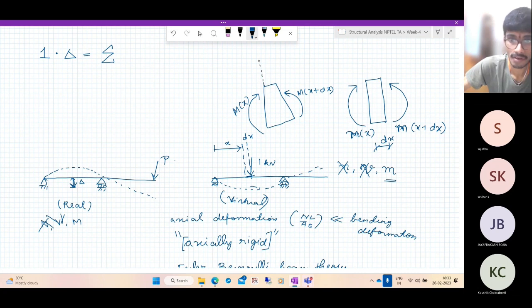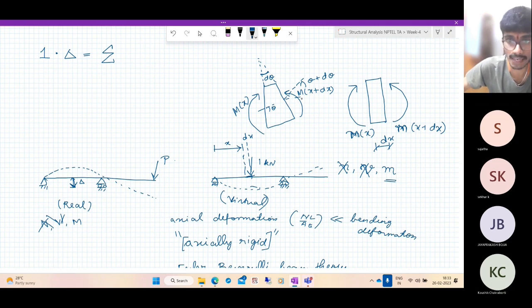And the beam rotates by, so here suppose this angle is theta, this angle would be theta plus d theta. So this angle would be d theta, something like that, d theta by 2, d theta by 2.